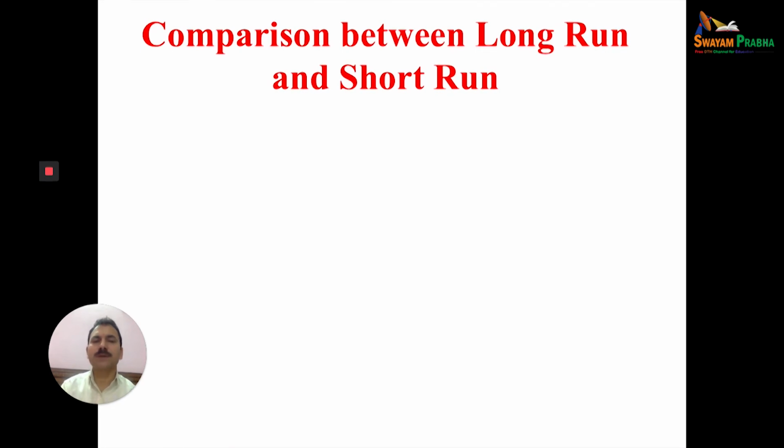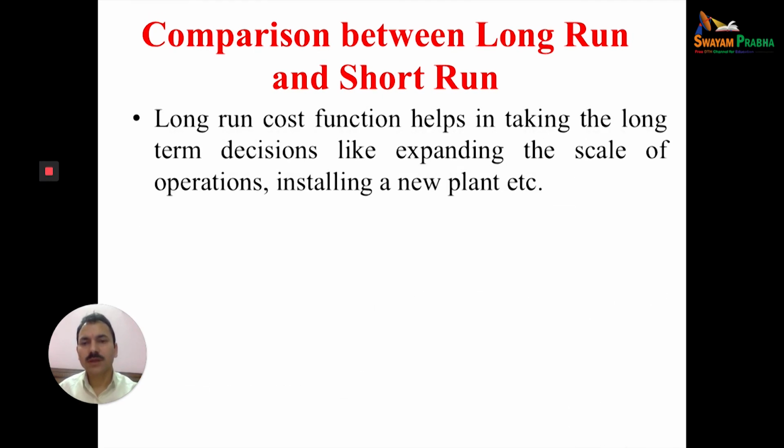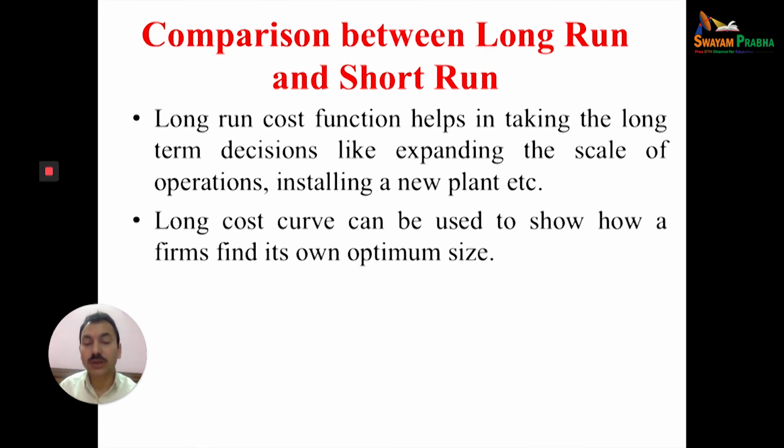Now let us compare the long run and short run cost curves. Long run cost curve functions help in taking long term decisions like expanding the scale of operations, installing new plants, etc. The long run curve can be used to show how a firm finds its own optimum size.